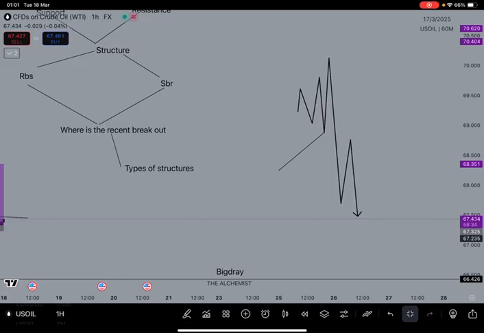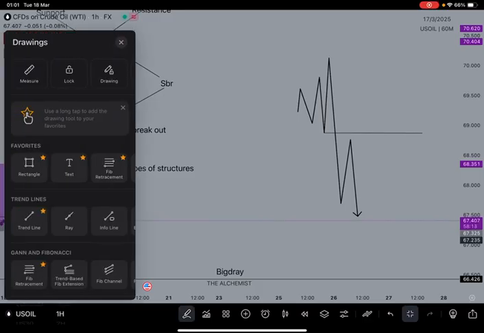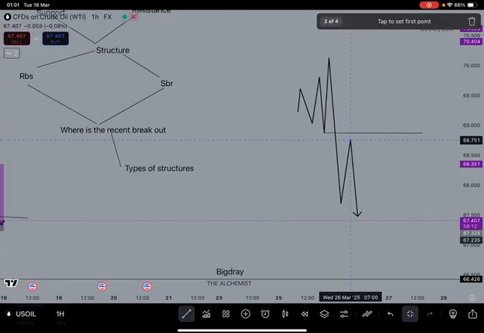Normally the market is supposed to buy from here, but there's no liquidity to buy from there. There's no pullback for us to buy from there. So the market breaks it down, and the support that was broken becomes a resistance. Then you have this pullback that did not touch the SBR, so you know you have a liquidity close to it that you can take a sell from.